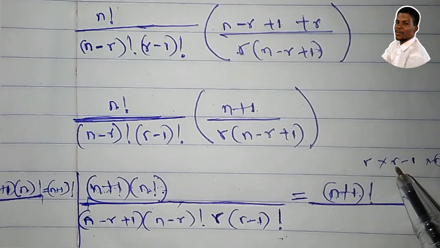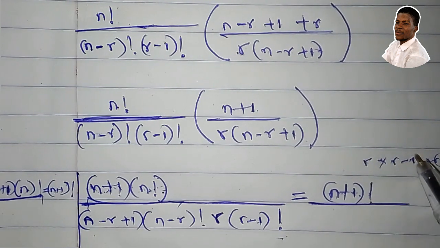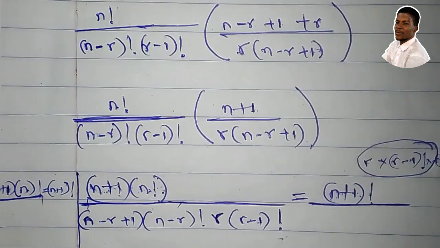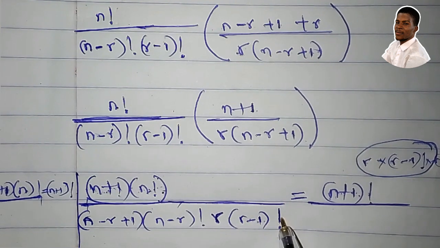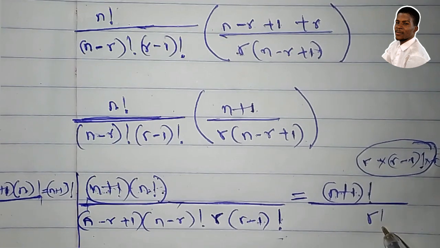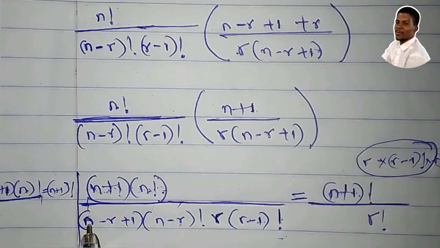So if we choose to stop at r minus 1, it means that it will be r times r minus 1 factorial. So everything here is equivalent to r factorial. So r times r minus 1 factorial is r factorial. r factorial.